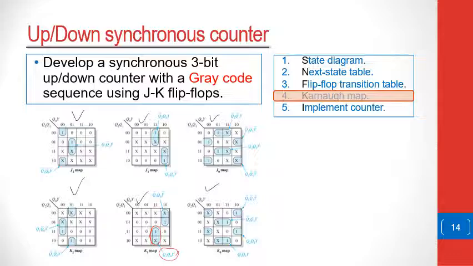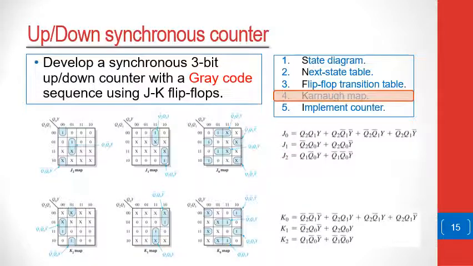And then here, for the product, we have Q0 being high, Y being low, and Q2 being low. And then we have this product. So you can verify those products as well. So after this exercise, you should be able to get all the equations for J2, K2, J1, K1, and in fact J0, K0. And using those, you can implement your counter.